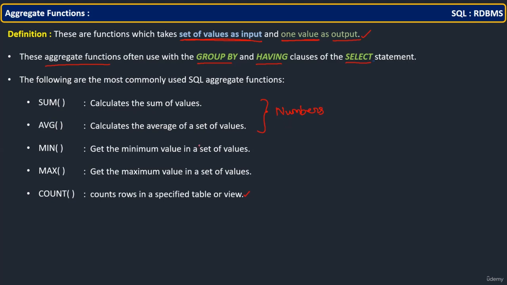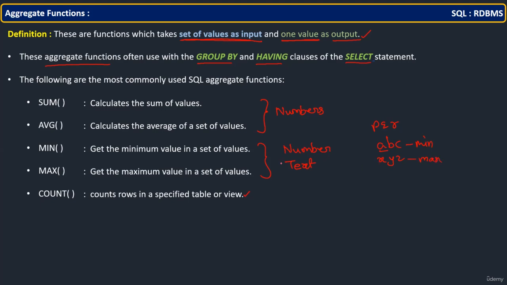Okay. And then especially min and max. In numbers, you can find the minimum value and maximum value. At the same time, you can have text also. For example, if I have ABC, XYZ, PQR, then min means alphabetically minimum, that is A. This is going to be the min. Alphabetically, this is the max.